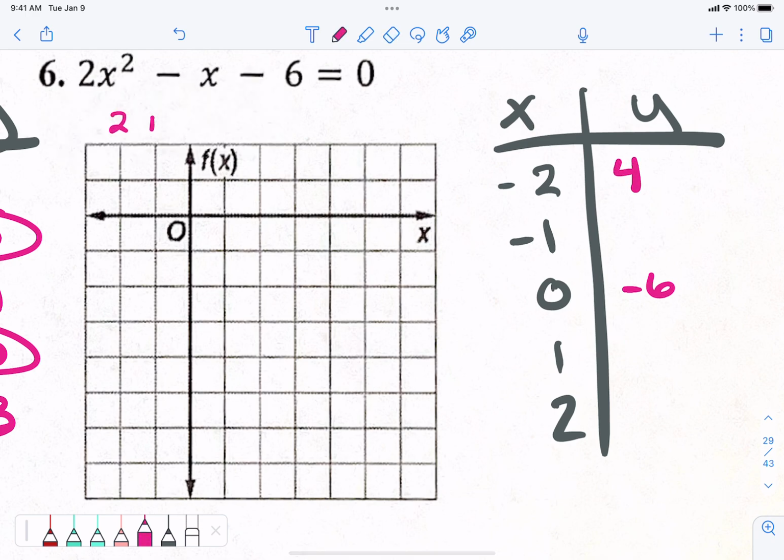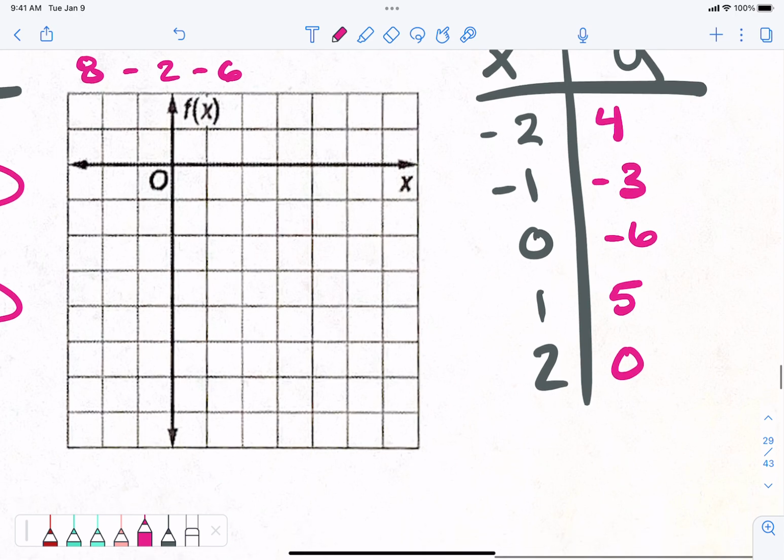Then 2 plus 1 minus 6 is -3. Then 2 minus 1, this is at 5. And 2, this is 8, minus 2 minus 6 is at 0. There we go. Those are your numbers if you plug them in.